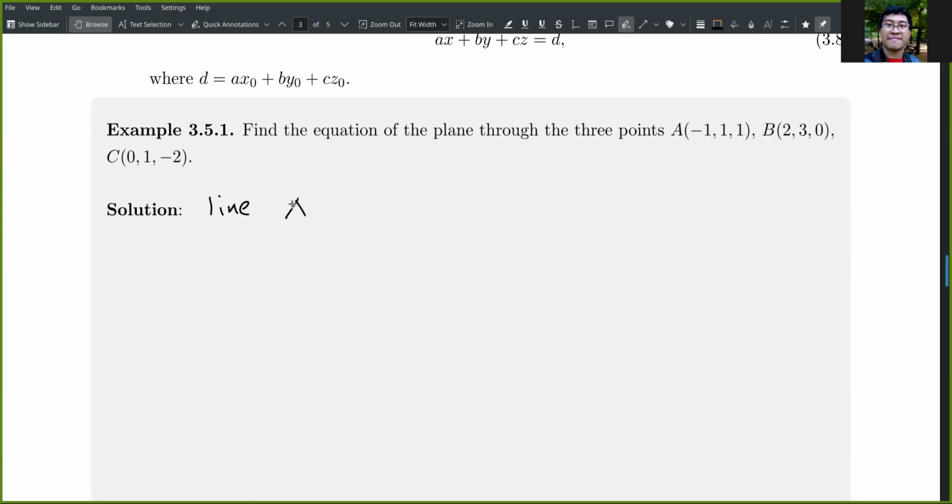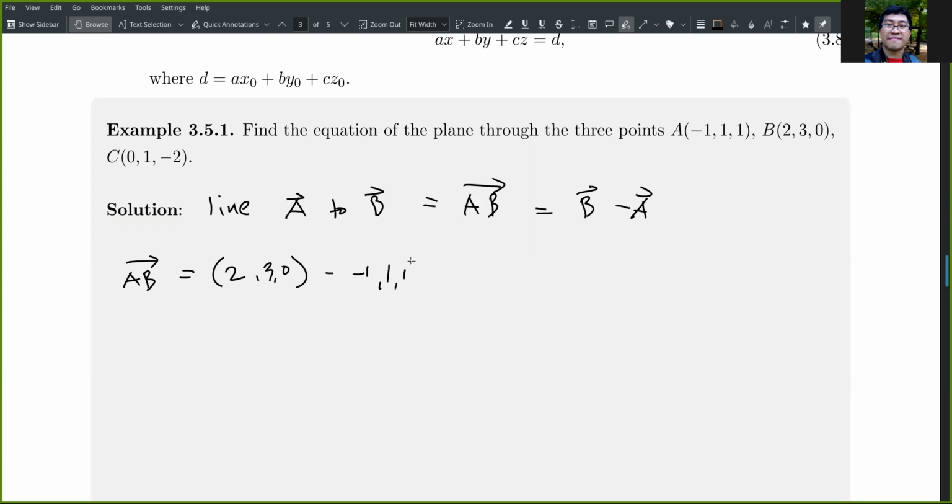The line that connects A to B, let's call that AB with an arrow on top, or that's B minus A. So AB would be 2, 3, 0 minus negative 1, 1, 1. That's 2 minus negative 1 would be 3. 3 minus 1 is 2. 0 minus 1 is negative 1.